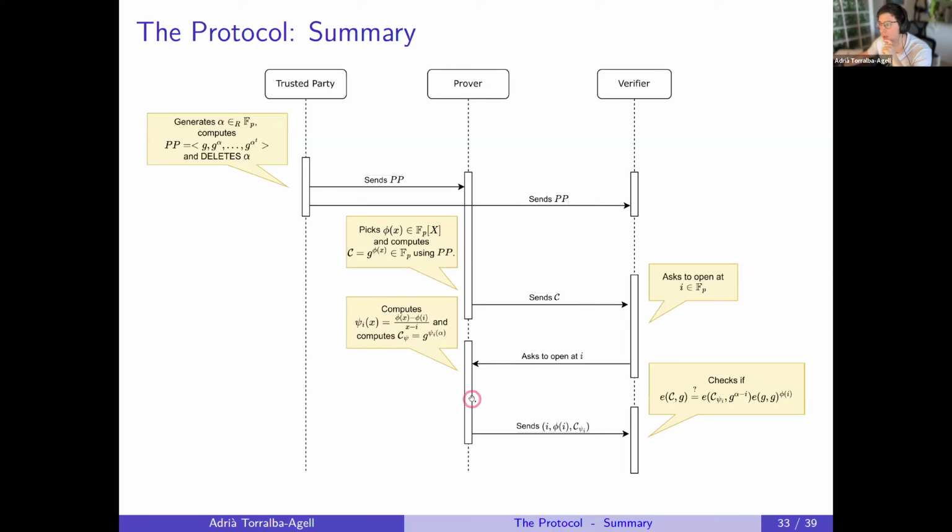We are also going to evaluate phi at i, the requested point, and the prover sends i, phi of i, and this new commitment to the verifier. Finally, the verifier needs to check this equality by computing 3 pairings: this pairing, this pairing, and this pairing, and this multiplication.